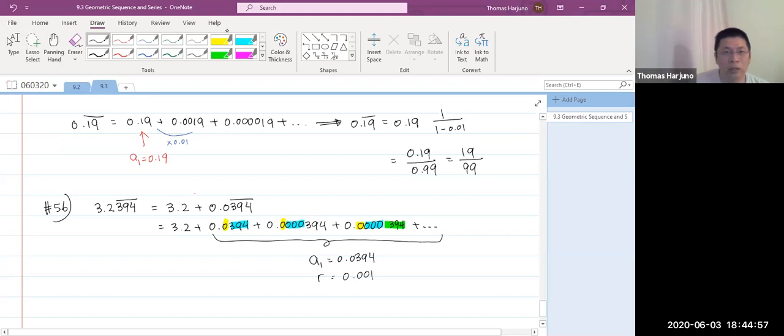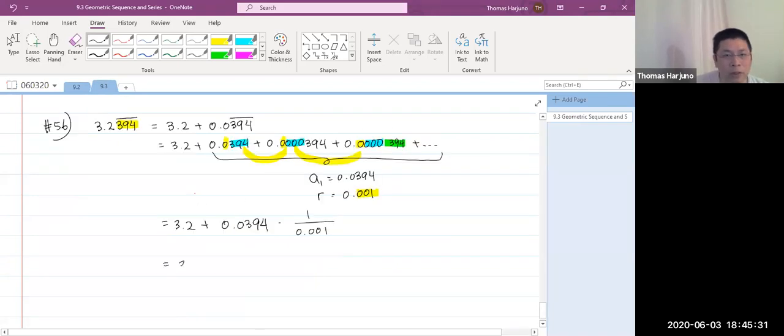You can see that from multiplying by 0.001 each time, or you can also say that because there are three decimals repeating, there is a 0.001 there. Therefore, this is 3.2 plus 0.0394 times 1 over 1 minus 0.001.